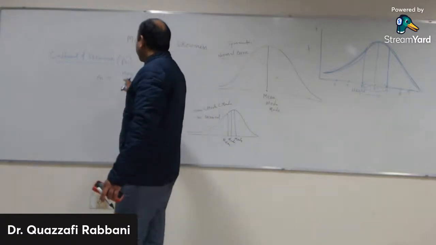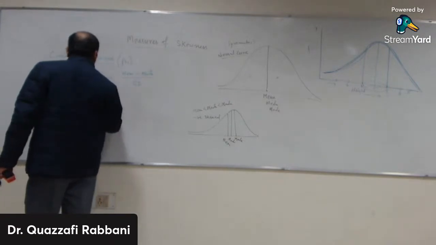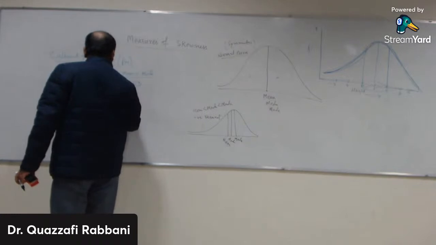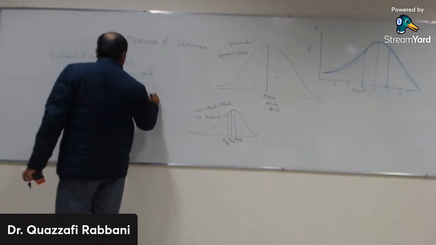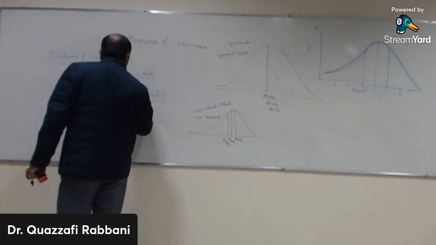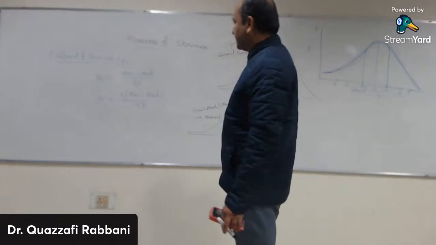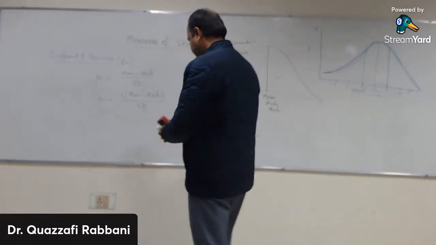You can also find the coefficient of skewness by using another formula: 3 times (mean minus median) divided by standard deviation.